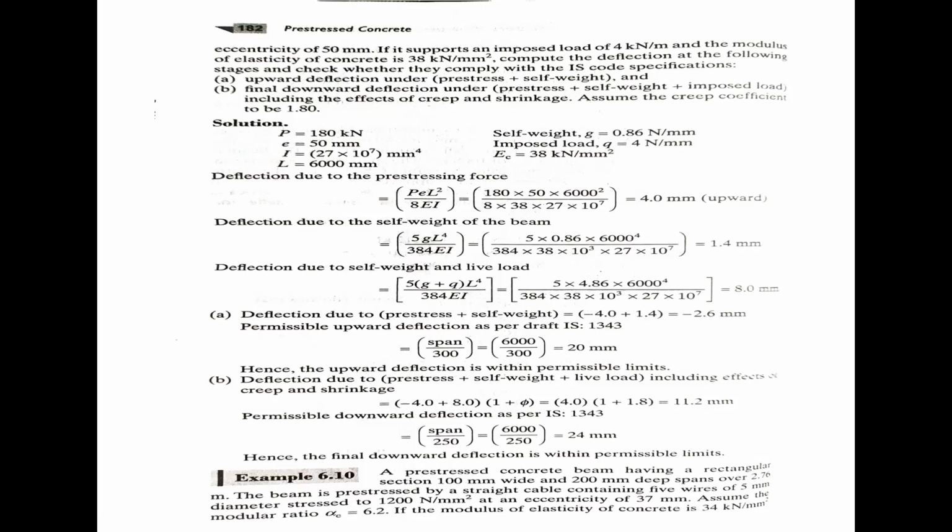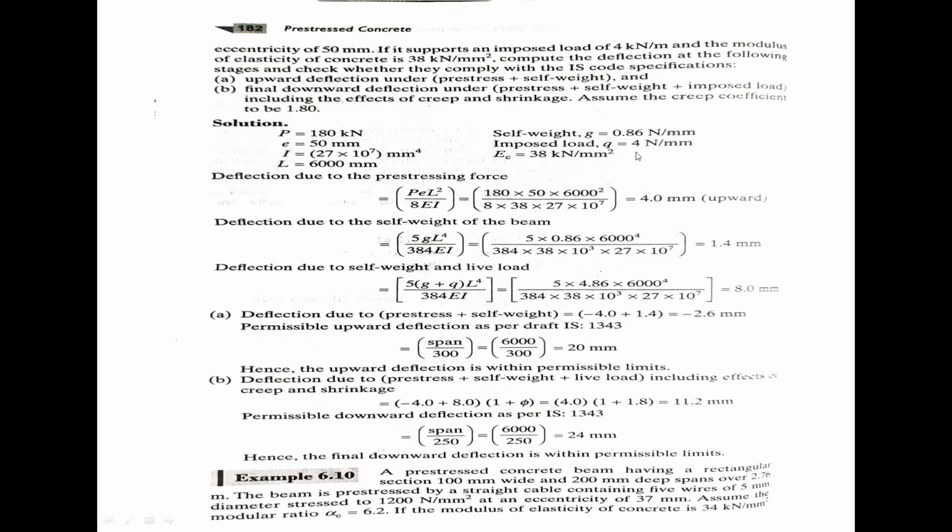Okay, how to calculate self weight? 0.12 into 0.3 into 24, unit weight of concrete. Finally we got the g value, self weight, 0.86 Newton per mm.